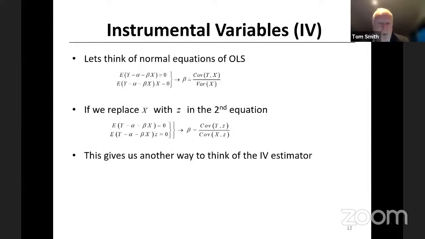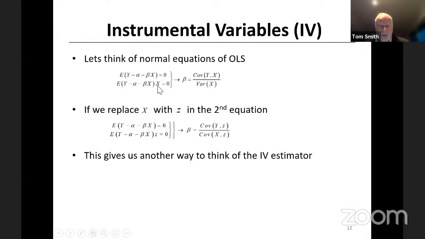But here's a better way to think of it. You can think of the normal equations for ordinary least squares. That is, the error term equals 0, and the error term times the x variable equals 0, which leads to the beta equals covariance y with x over variance of x. However, we know that this x is measured with error.